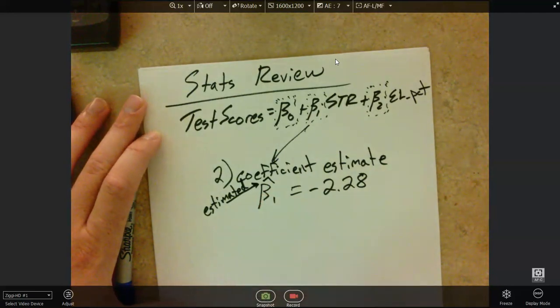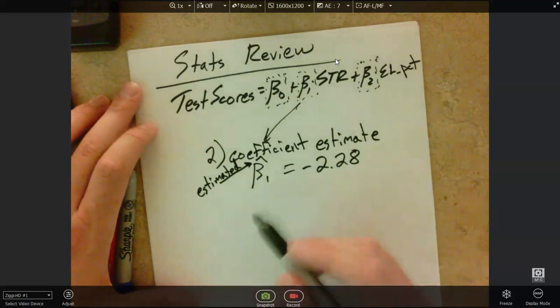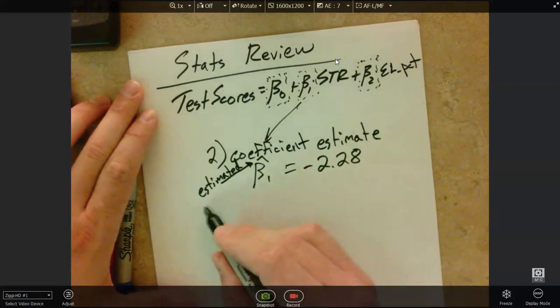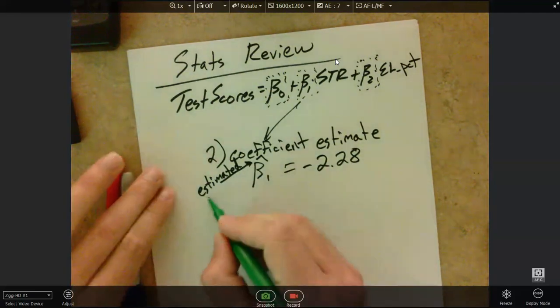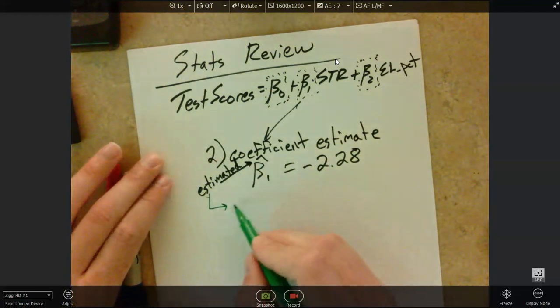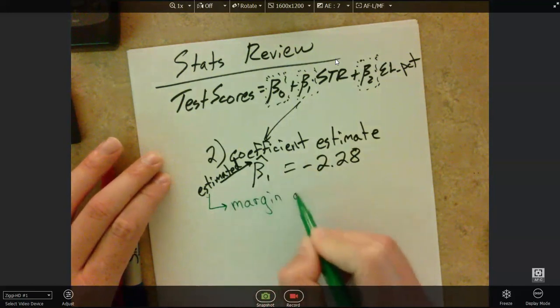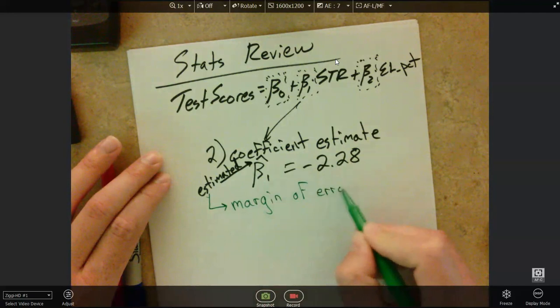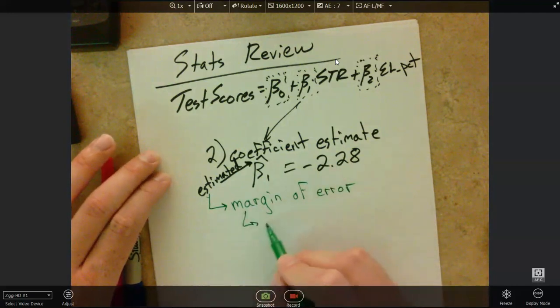Okay? Or we want to keep in mind that these are all just estimated values. Why is that important? Because any estimated value has a margin of error. And the margin of error for these coefficient estimates is called the standard error.